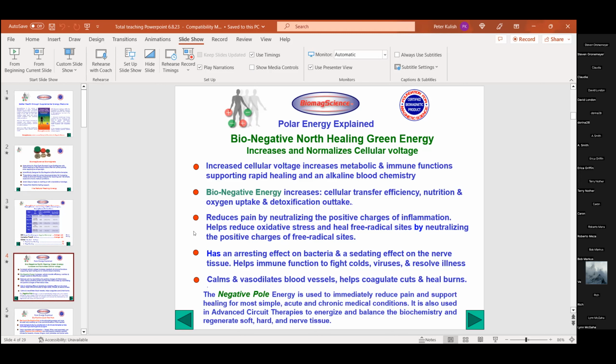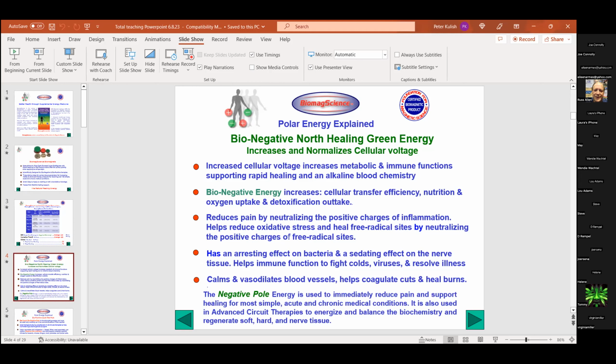It lends itself to an alkaline blood chemistry. It increases cellular transfer efficiency, of course, nutrition and oxygen uptake and detoxification outtake. It reduces pain by neutralizing the positive charges of inflammation. It helps reduce oxidative stress. And as you'll see in a slide later on, it really helps heal free radical sites very quickly.